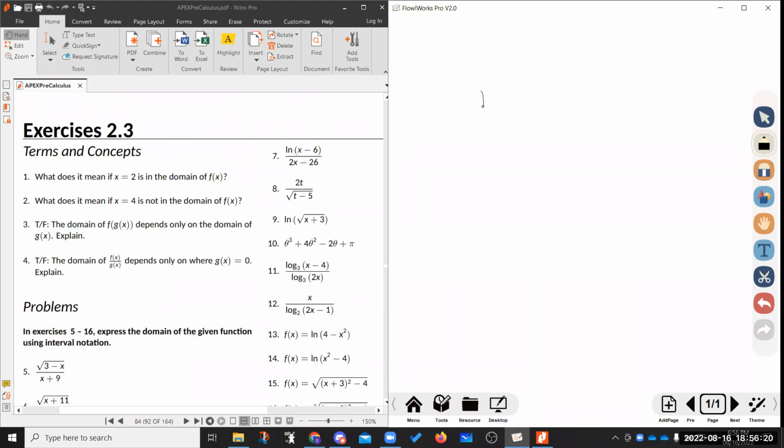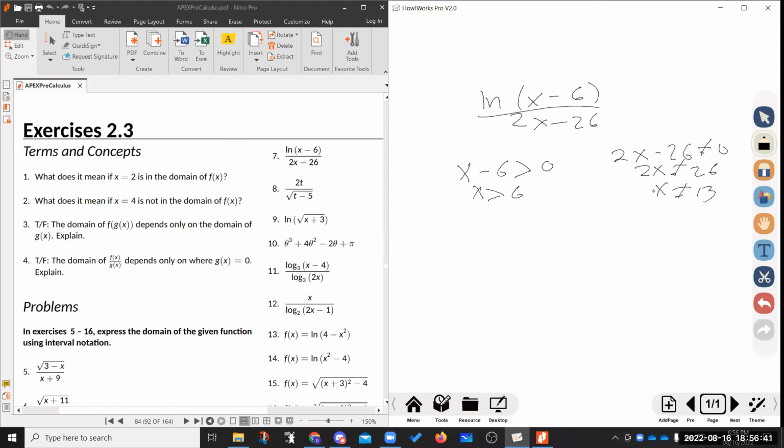Now we're going to look at the natural log of x minus 6 over 2x minus 26. So the inside of the log has to be greater than 0, and 2x minus 26 cannot be equal to 0. x has to be greater than 6. 2x cannot be 26, so x cannot be 13.